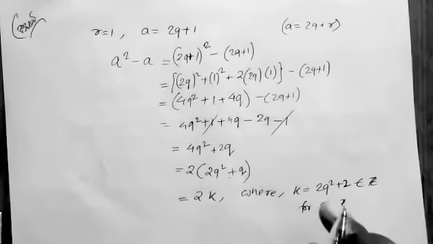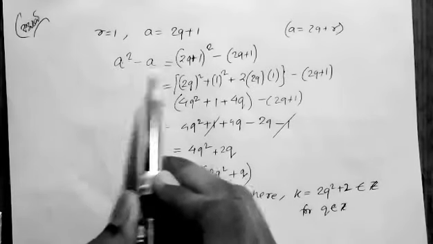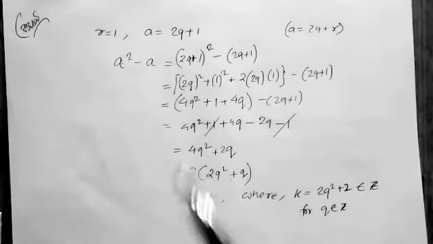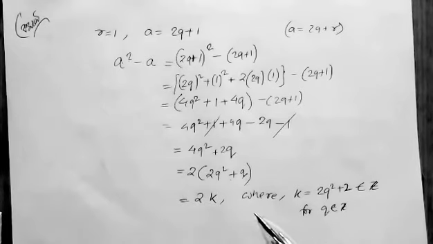So now we can see that for the difference between the square of the number and itself, we got the final expression as 2 into some integer. As I said earlier, for a number to be an even integer, you must express that number as 2 multiplied by some integer.